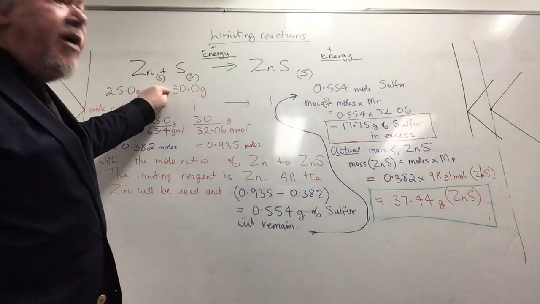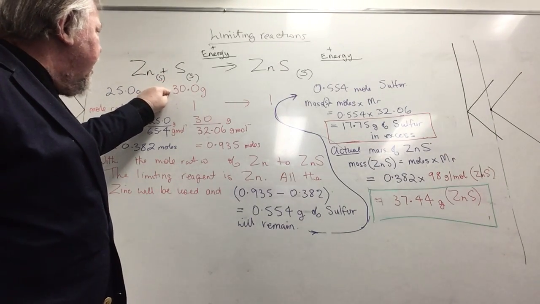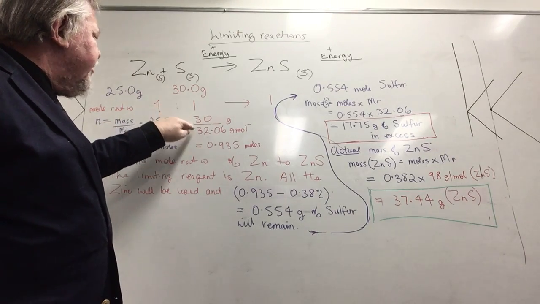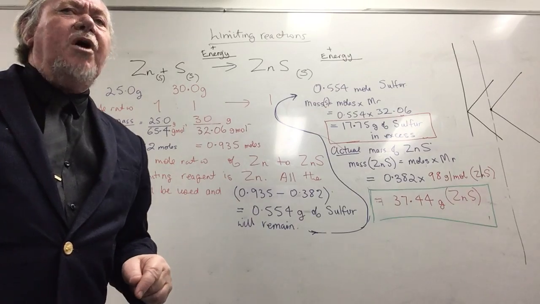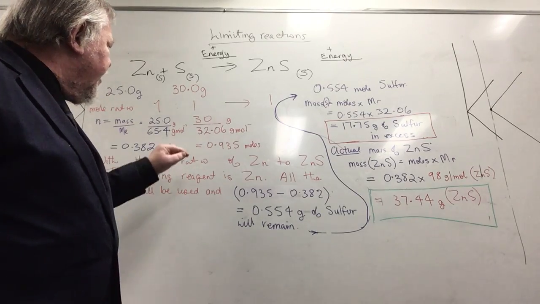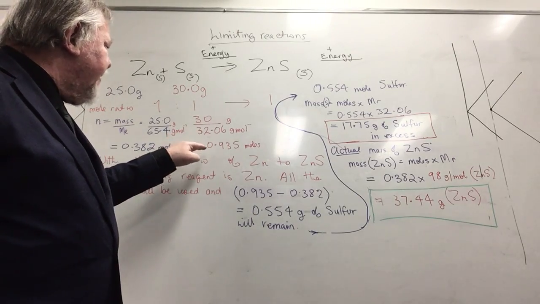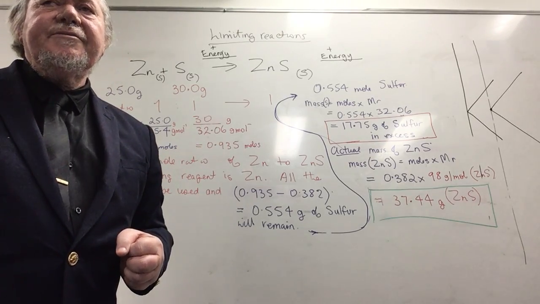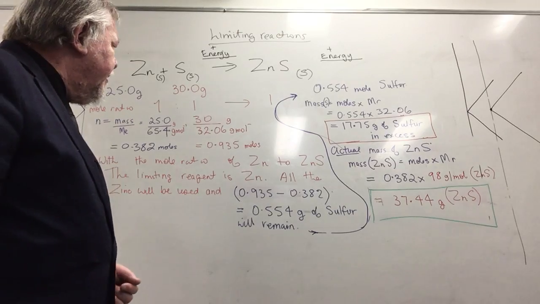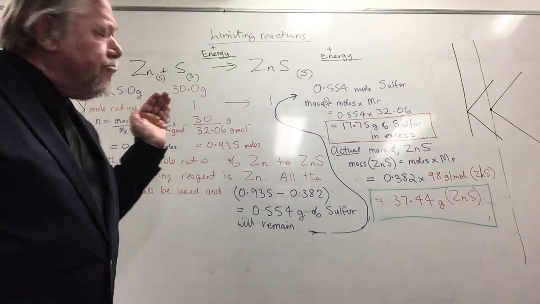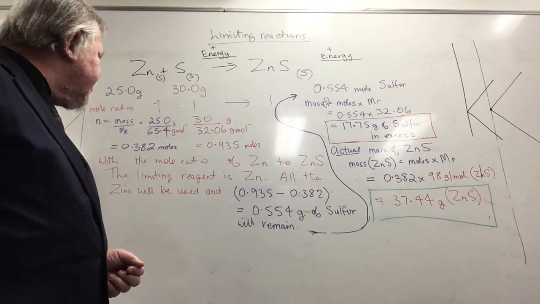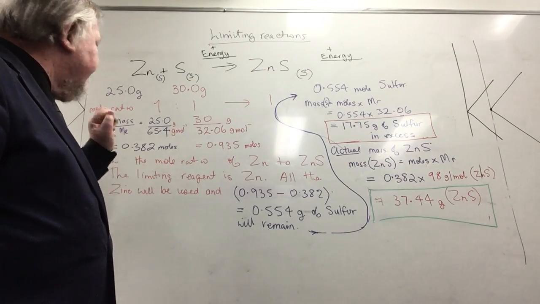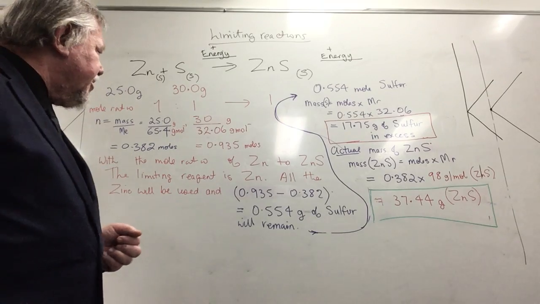Because if we have 30 grams of sulfur, that's 30 over 32.06 grams per mole for sulfur, which will give us 0.935 moles. Clearly there are a lot more moles of sulfur than there are of zinc, almost 3 times as much.